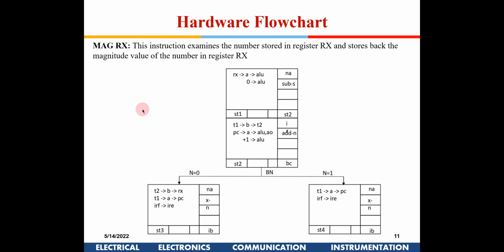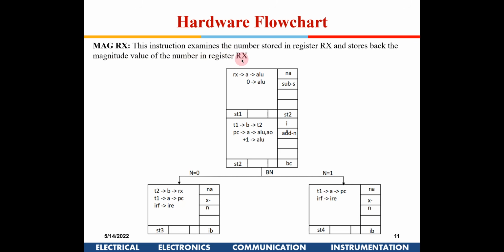Now let's take one or two examples and see how the flowcharts along with the labels can be written. This is one example. What is to be done is that the instruction examines the number stored in the register Rx and stores back the magnitude of the value in Rx.